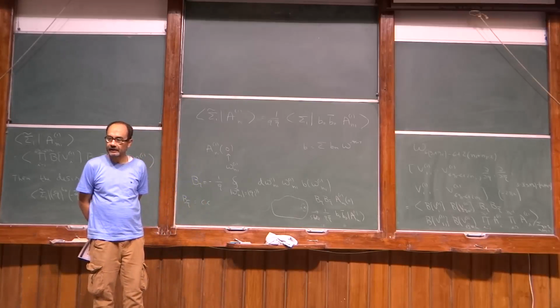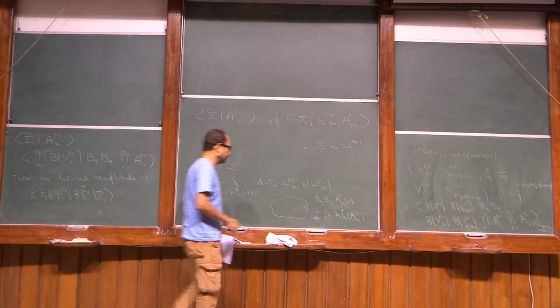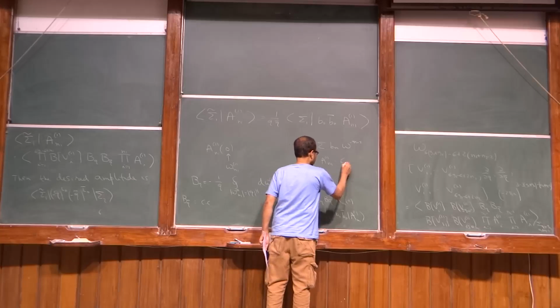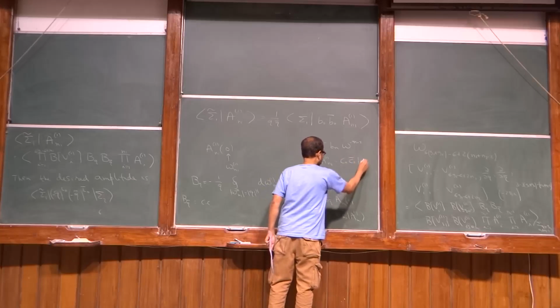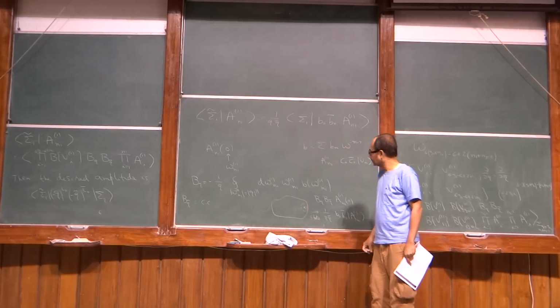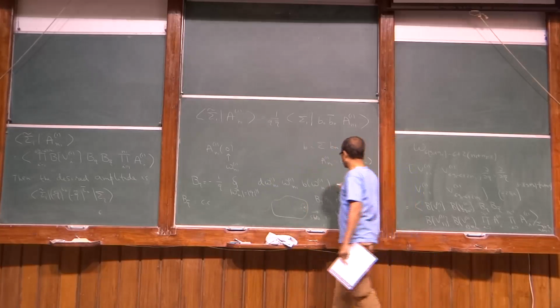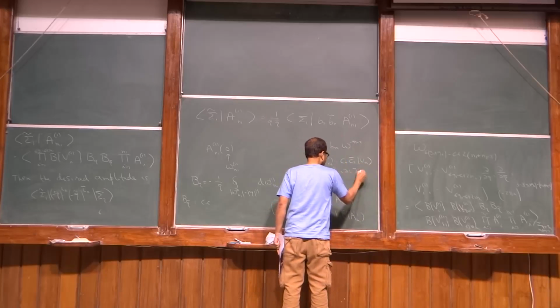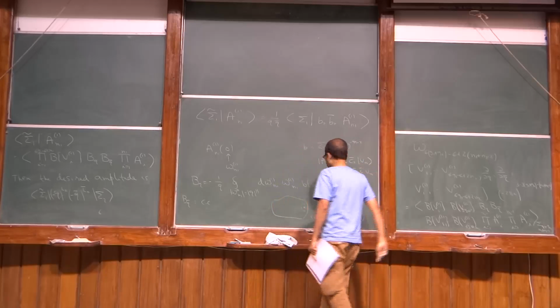Suppose A1 has a C0 bar on some field. If this is the state, then as a vertex operator A1 will be del C, del bar C bar on the field.